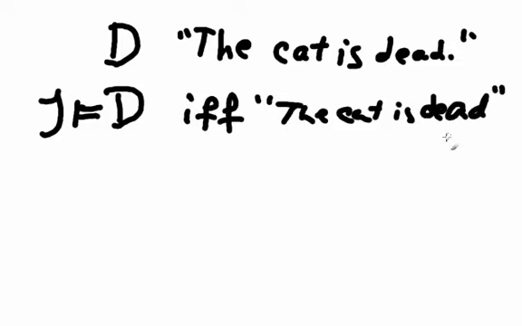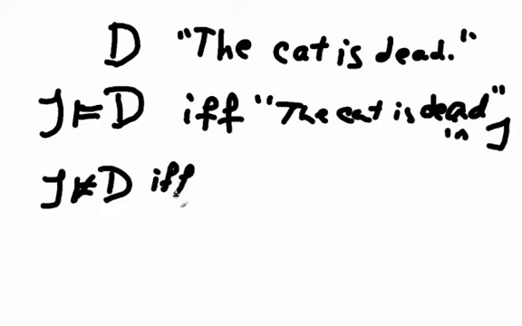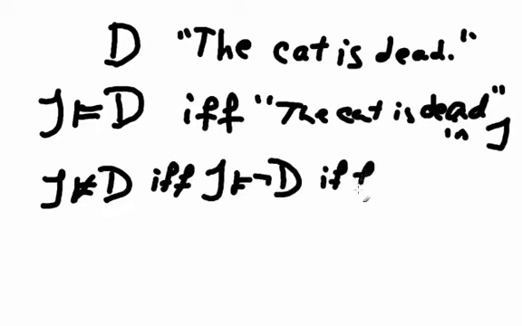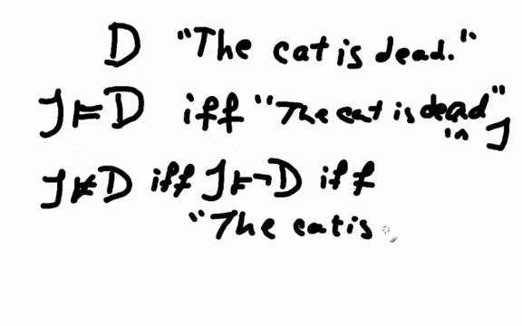Or, to be more precise, the cat is dead in the interpretation I. Likewise, in a different interpretation I, the I may not model the D. Not modeling D is the same as modeling not D, the negation of D, meaning the cat is not dead.